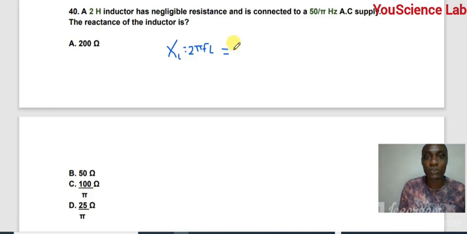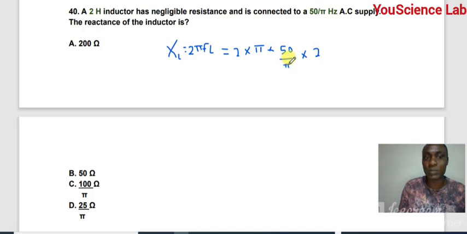Now you see, we can just substitute these values into this. I'm going to have 2 times pi times F, the frequency F is 50 divided by pi, times the inductance, which is 2.